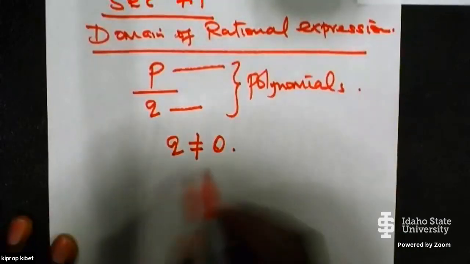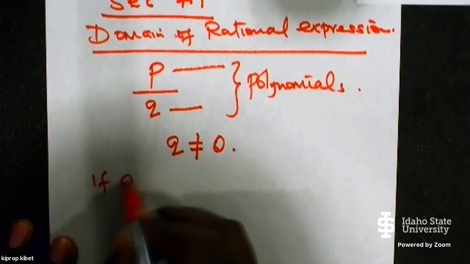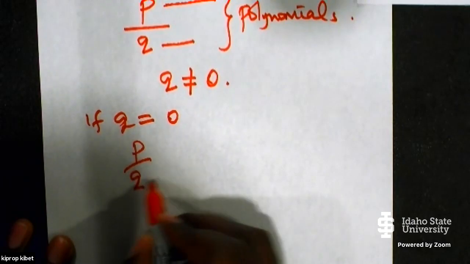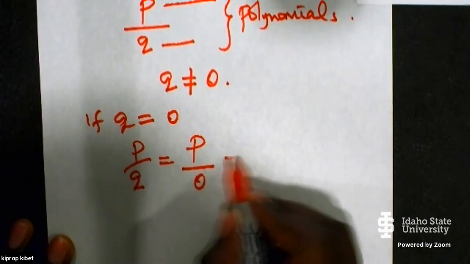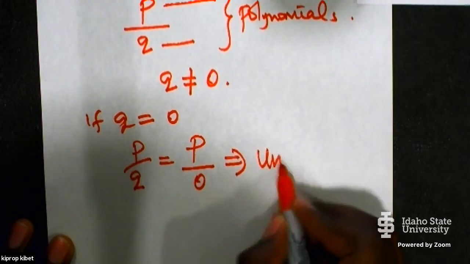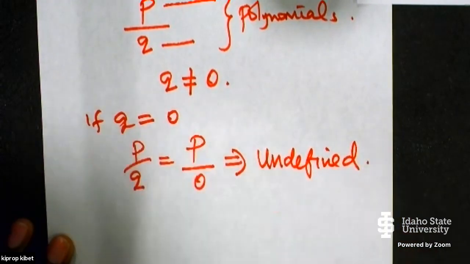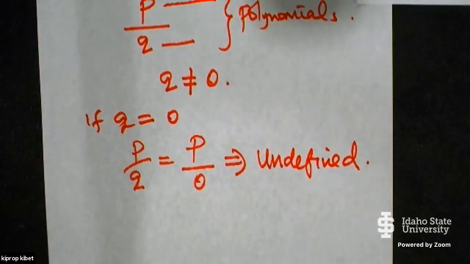If Q is equal to 0, then you will get P all over 0. And this one is what? Undefined. So you cannot define that. Anything all over 0 is undefined.